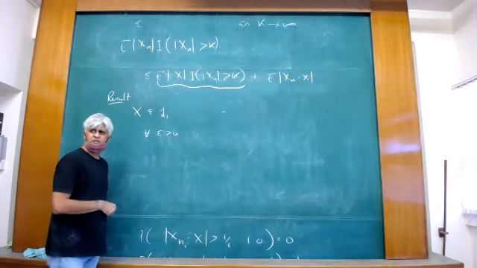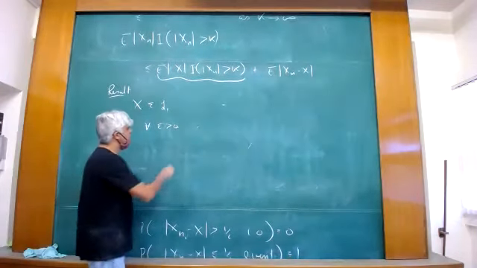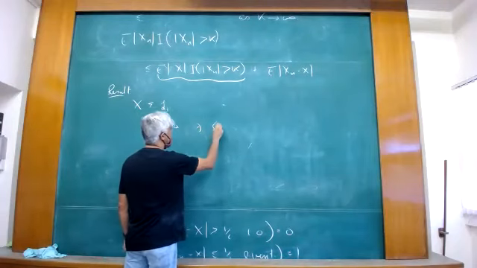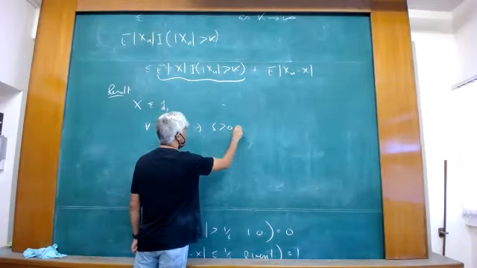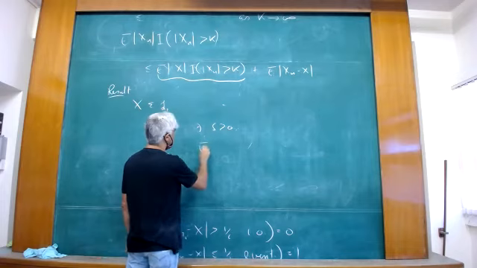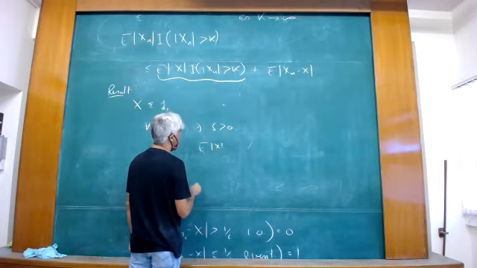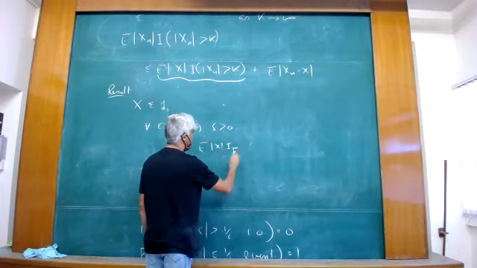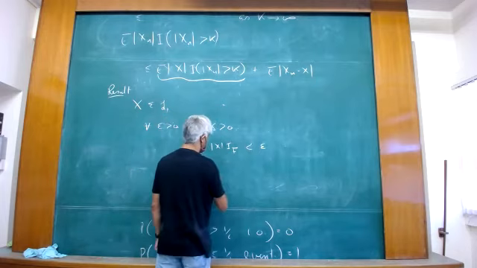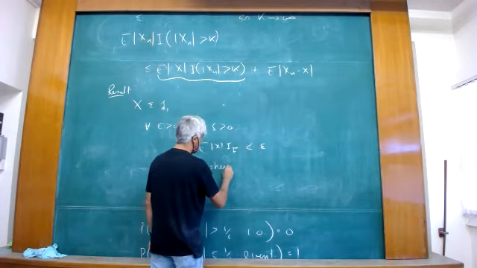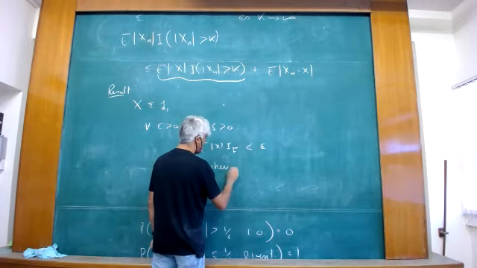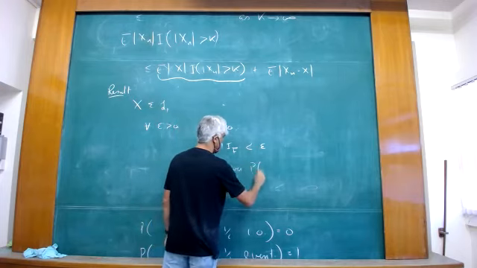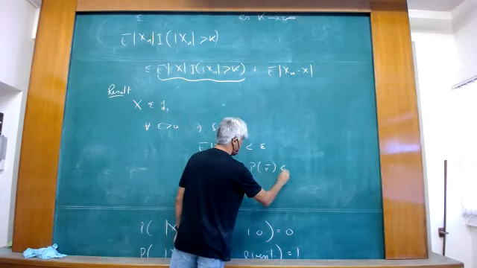You give me an epsilon basically. There exists a delta greater than 0 such that E of X indicator F is less than epsilon whenever P of F is less than delta.